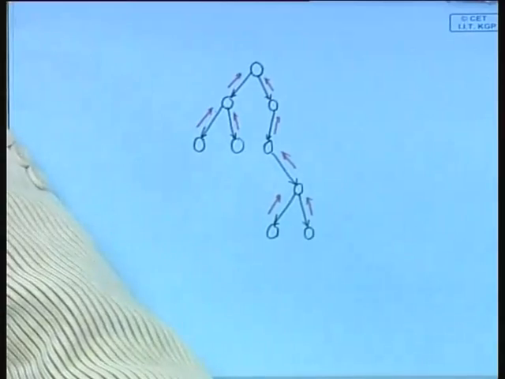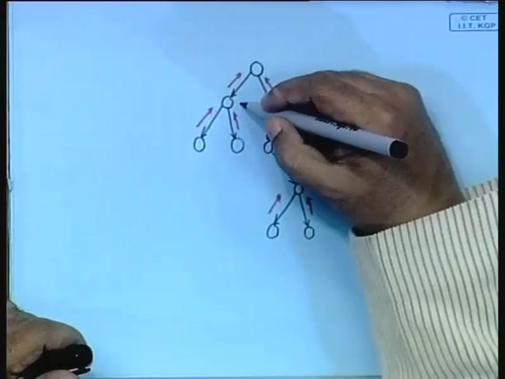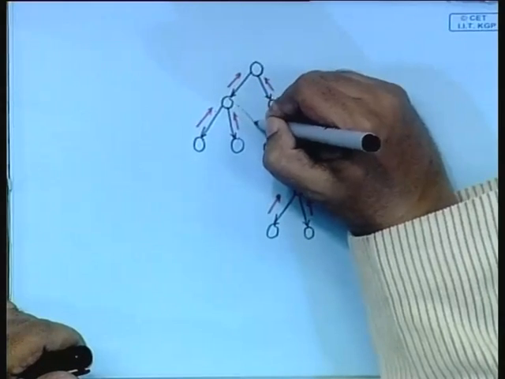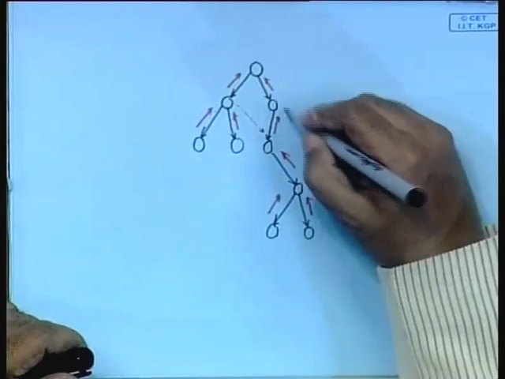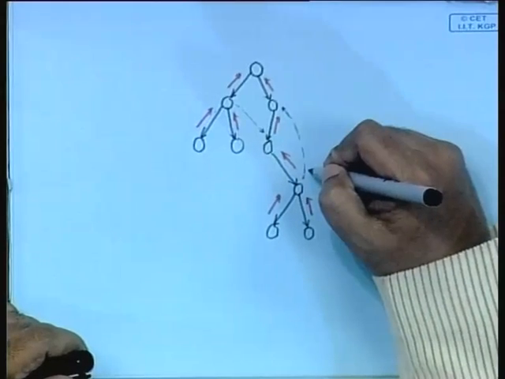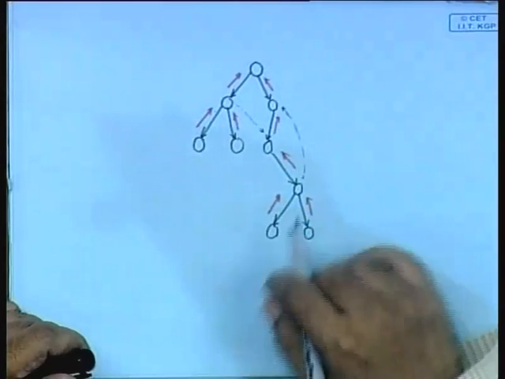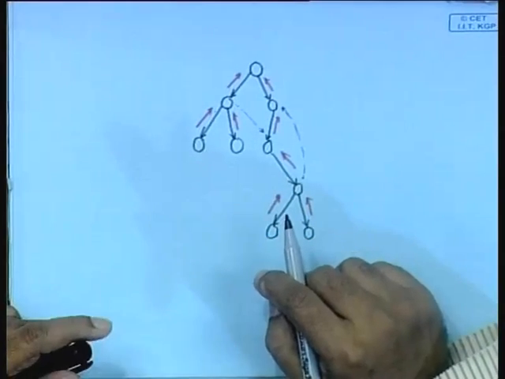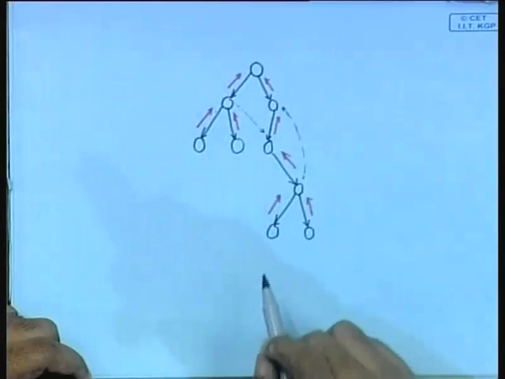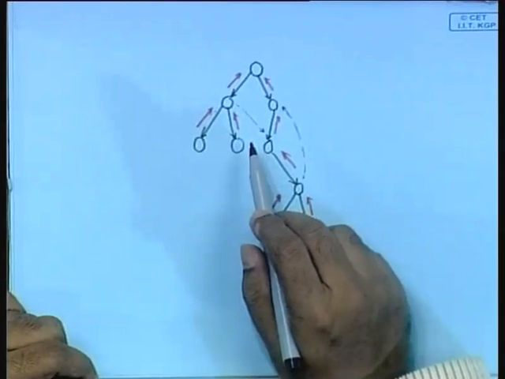Now, there will be other tokens also going around between other neighbors. For example, if these two nodes are neighbors, then there can be another token going around like this. If these two are neighbors, then there can be a token going like this and also in the other direction. So, there will be a lot of tokens moving around the fronts of this tree, right, but the completion will work backwards along this tree.